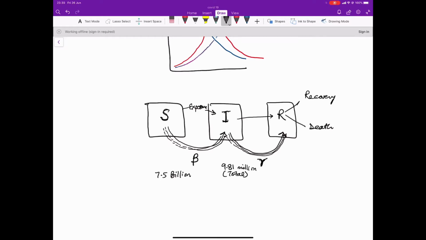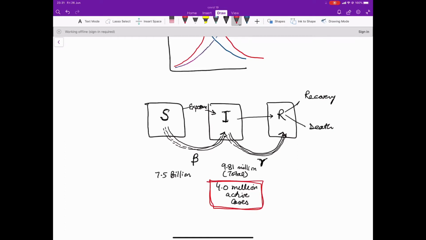Of this 9.8 million, those people who are currently infected, all over the world, actively harboring the virus at the moment, are 4 million. So we have got 4 million active cases as of today.